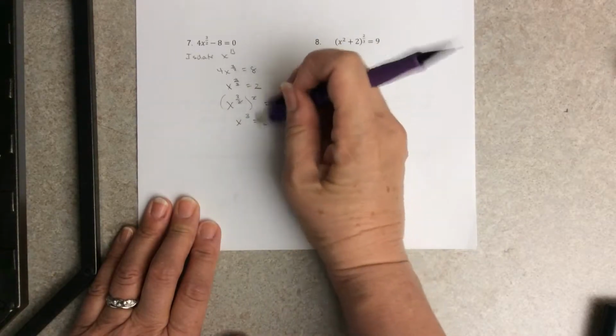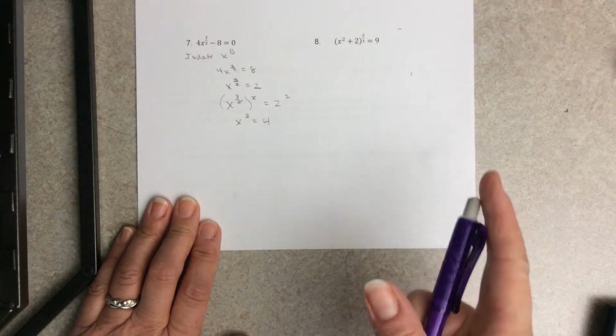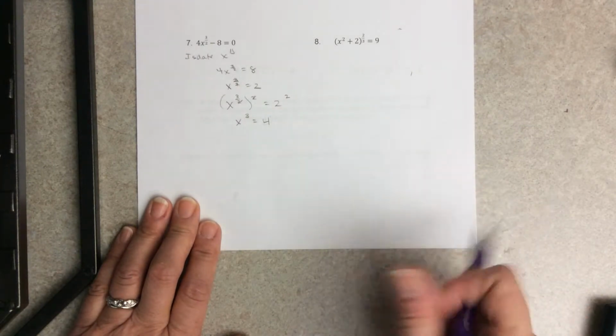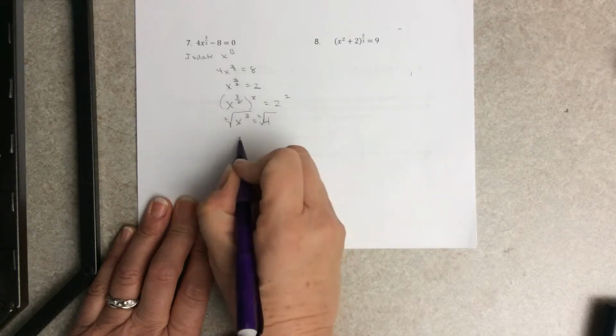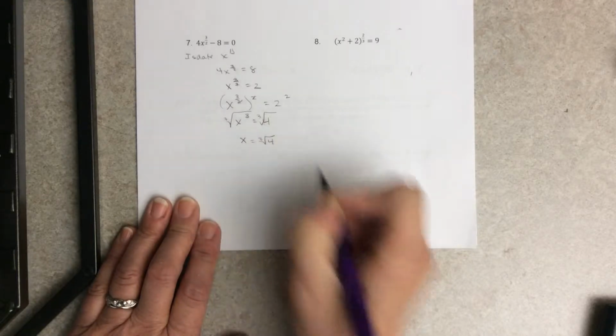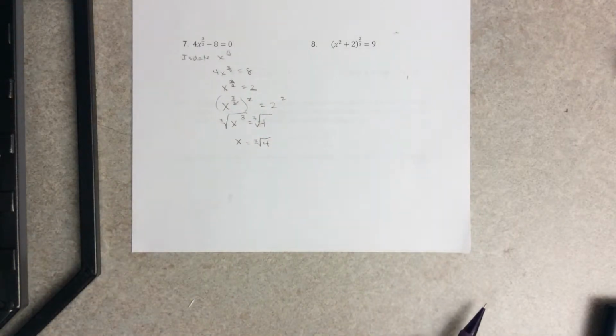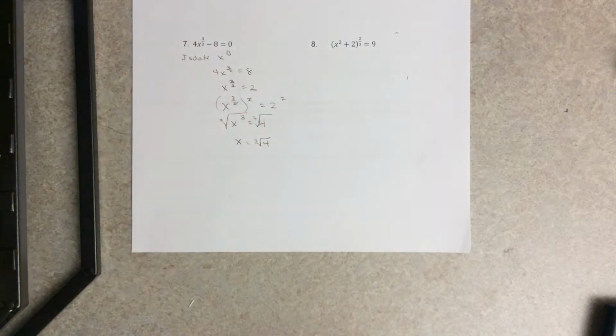And then on the other side, I'll have 2 squared, which is the number 4. And then I can take the cube root of both sides to get rid of the cube, and I'll have my answer. X has to be the cube root of 4 in order for 4 times it raised to the 3/2 power minus 8 to be 0.